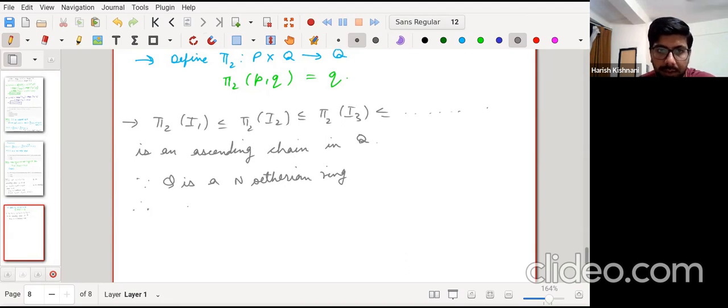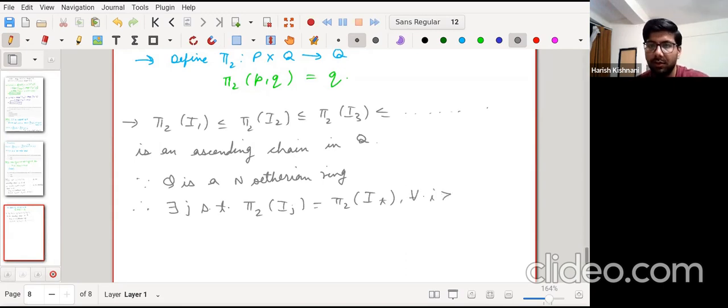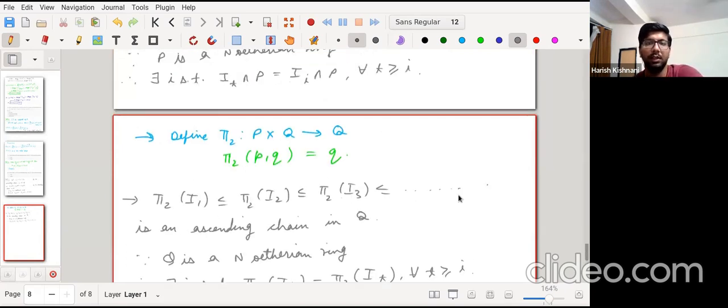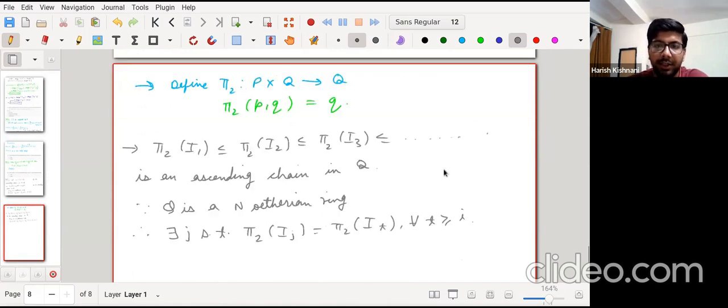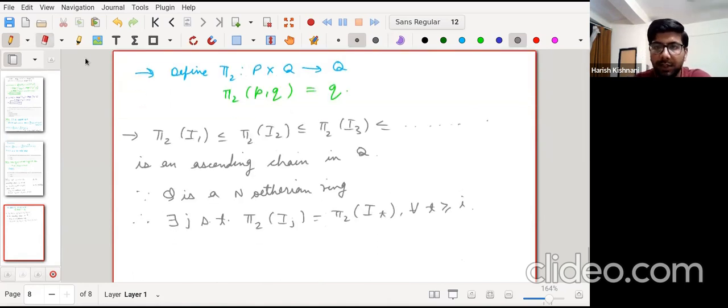Therefore, there exists some j such that pi 2 of Ij is equal to pi 2 of It for all t greater than or equal to j. Here the first chain was terminating at i, and here it is terminating at j.